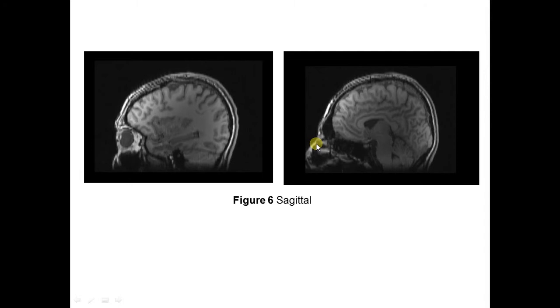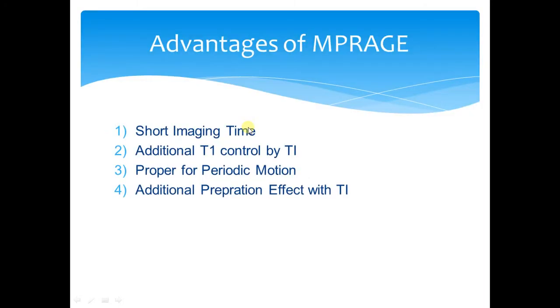and the sagittal plane. Lastly, I will talk about the advantages of MPRAGE. The most important advantage of T1 3D MPRAGE is that it has a short imaging time compared to multi-slice 2D imaging.